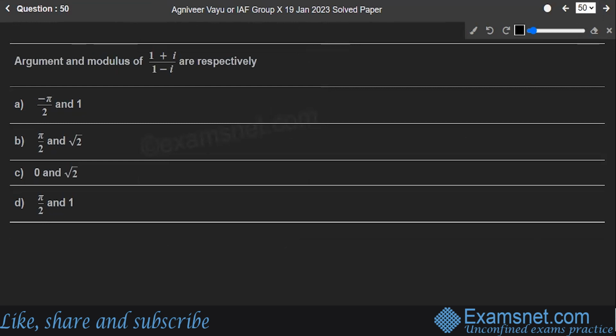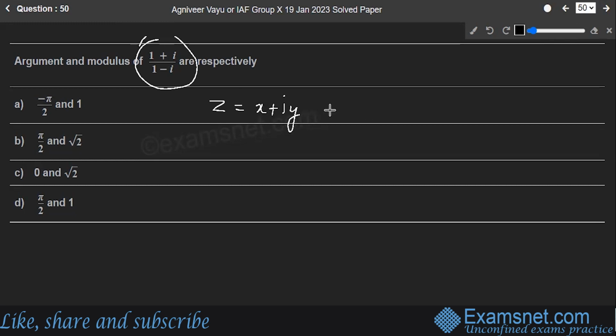Next is question number 50. The argument and modulus of (1 plus iota) upon (1 minus iota) are respectively. See, this is a complex number problem. The general form of a complex number is given by z is equal to x plus iota y.